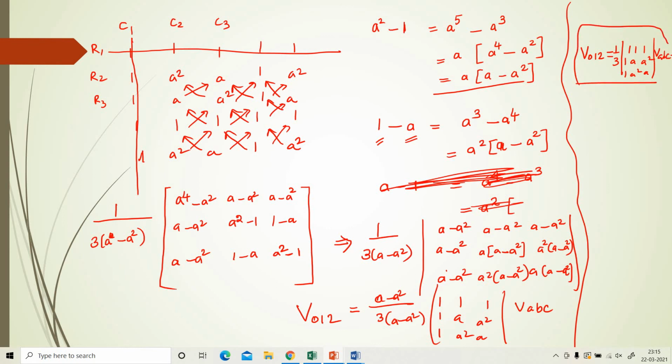That's all. This is the relation between symmetrical component with unbalanced voltage. And already I have explained the relation between VABC and this V012, that is 1, 1, 1, 1 A square A, 1 A square. That's all.